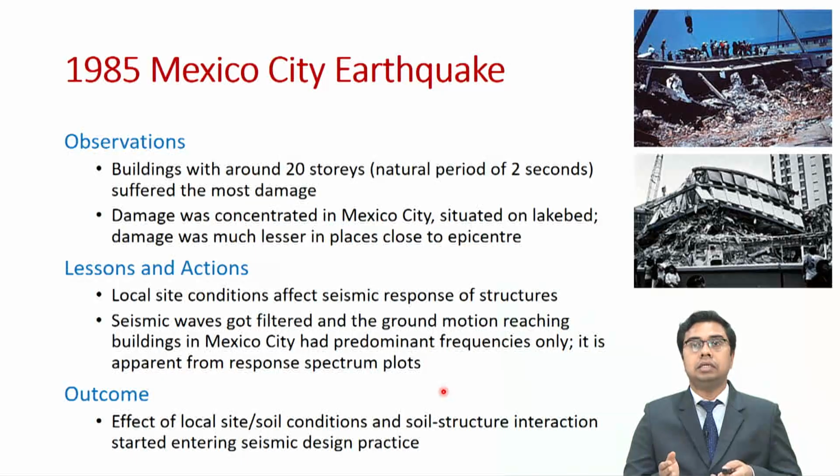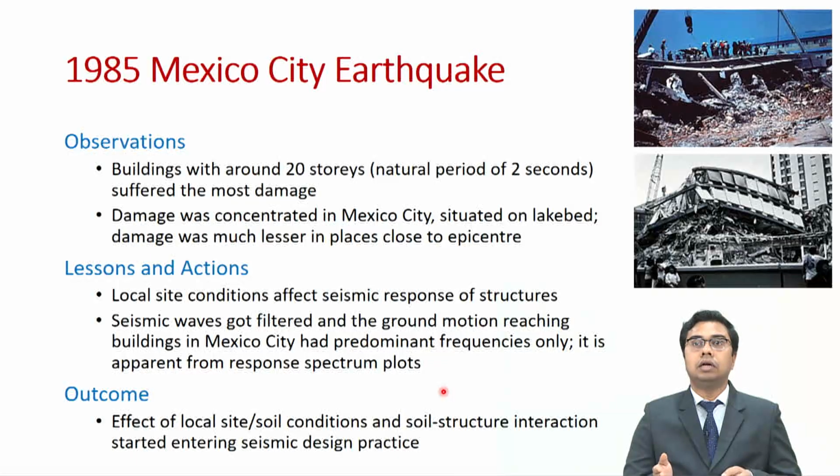What happened is that Mexico City, which was located on an alluvial river bed, had the river bed filter the seismic waves, and the seismic waves which reached Mexico City had only a few predominant frequencies. The buildings which had their fundamental natural frequencies close to the predominant frequency of the seismic waves collapsed.